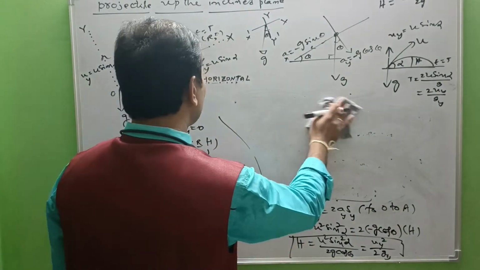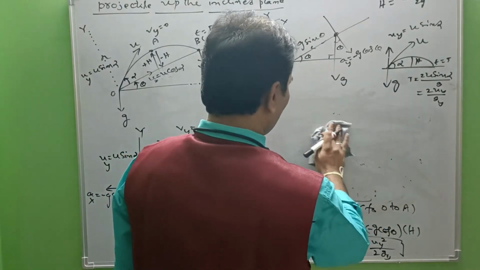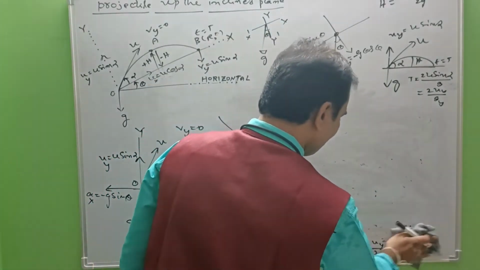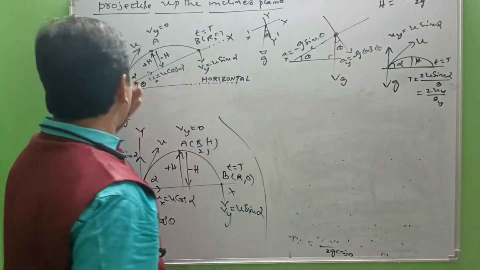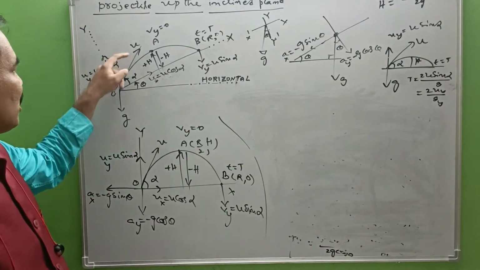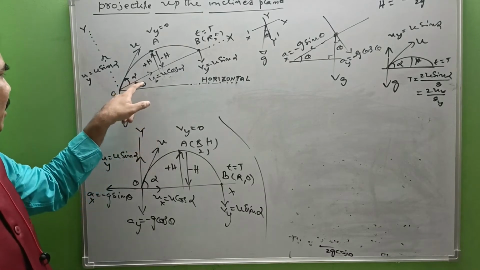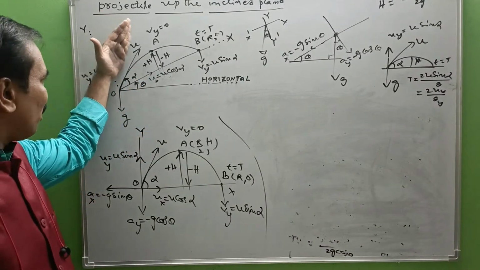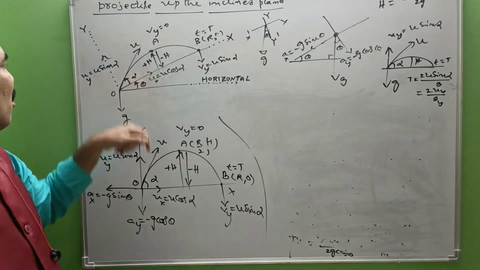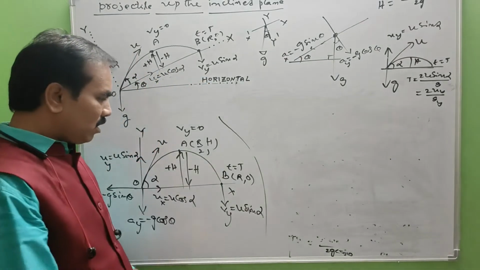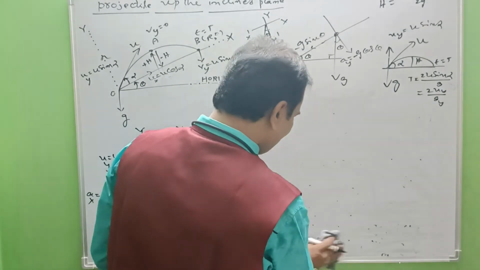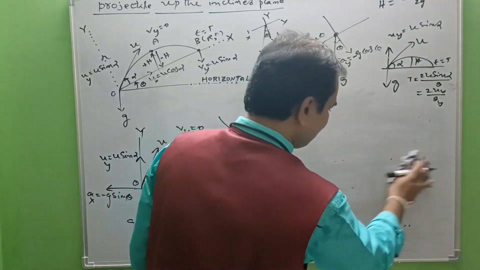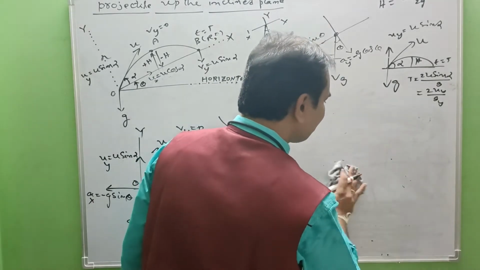On keen observation of the diagram, we came to know that the angle made by the initial velocity with the horizontal is theta plus alpha. Now what is the component of u along horizontal? U cos(alpha plus theta). Making use of that, you can find a shortcut derivation for range.